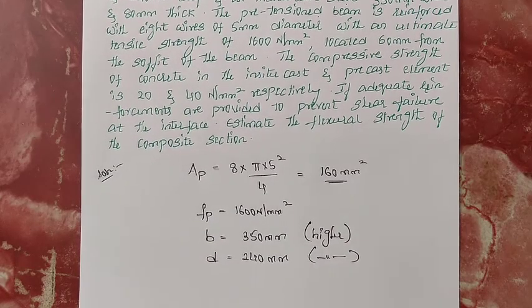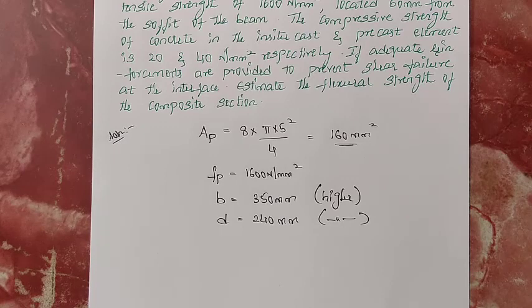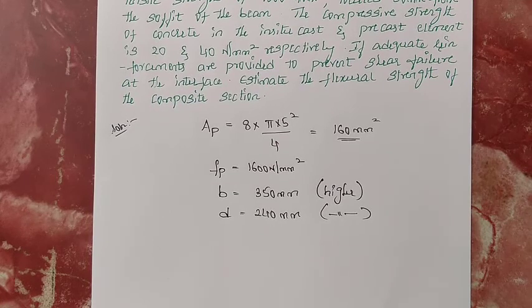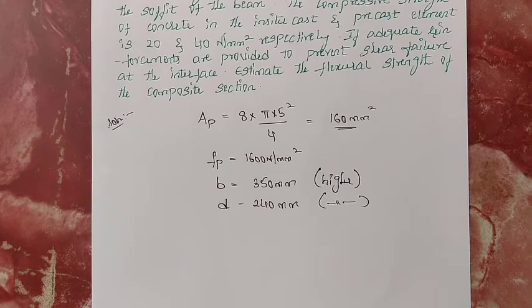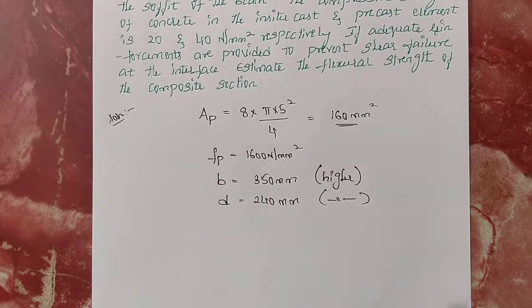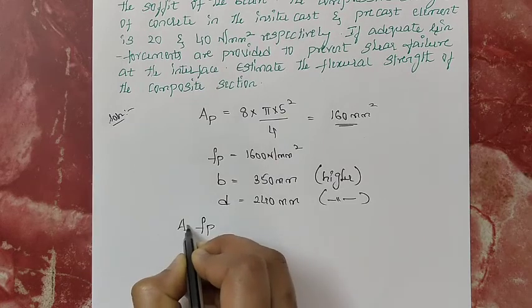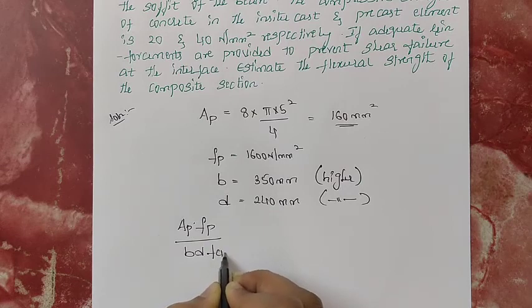Next, you calculate the ratio. It is the same as in module 3, which we have solved, the ultimate flexural strength of the PSC section. In the same way we are going to calculate the flexural strength for the composite section also. Next, you need to calculate the ratio, that is AP into FP divided by BD FCK.